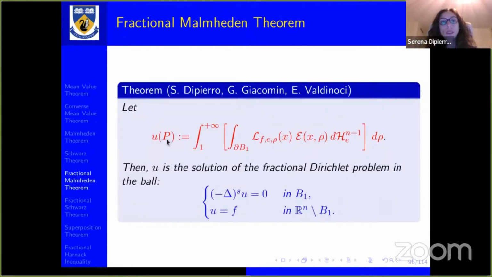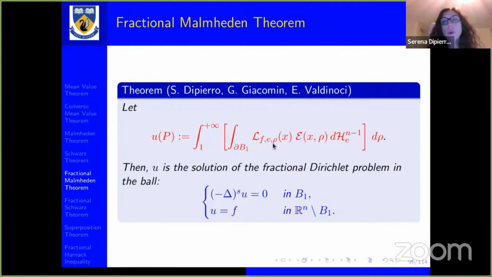And so essentially this is what we have. So if I define U at P, sorry, this is U of X, it's not P. So U of X is the integral from 1 to plus infinity of the integral over the boundary of B1. So here you see I have an integral in the complement of B1, but written once you pass to polar coordinates.